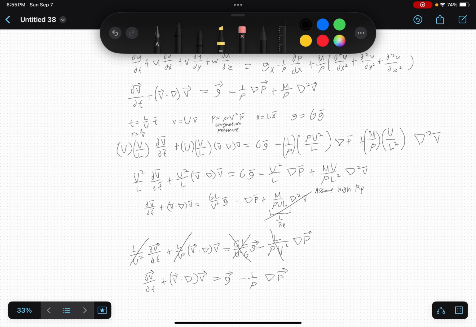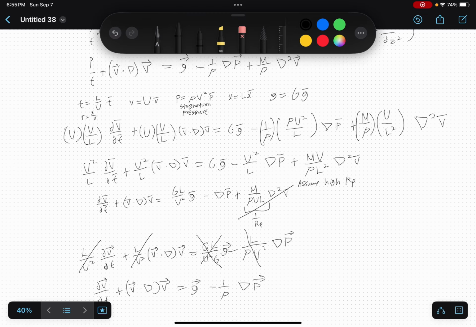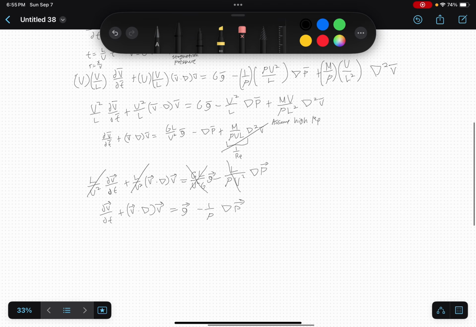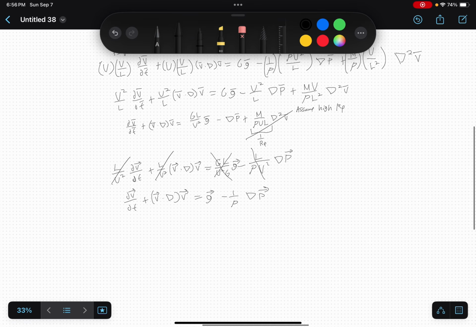And the reason why is because you have to assume a high Reynolds number. So if you have a low Reynolds number fluid, Bernoulli won't work accurately. So that's kind of why I did all that.